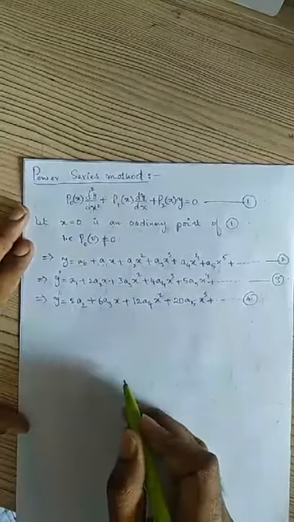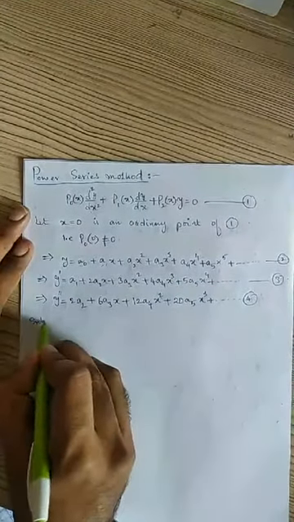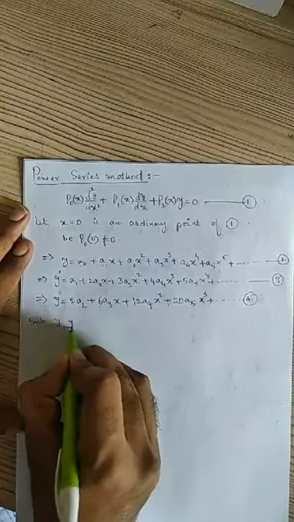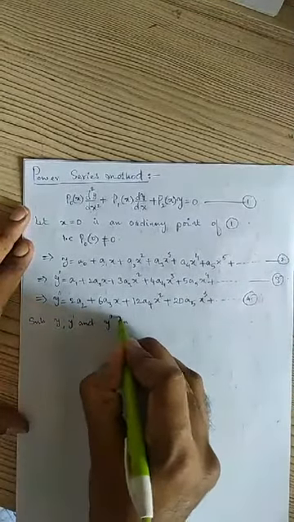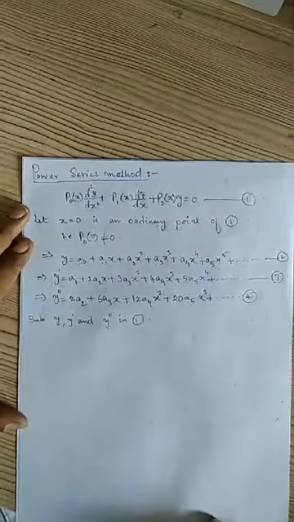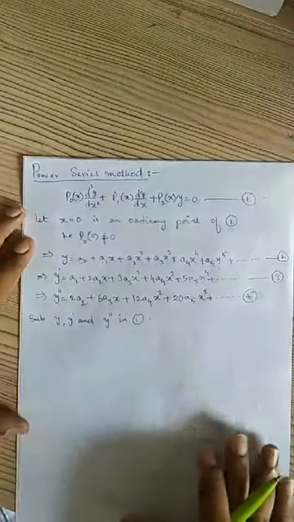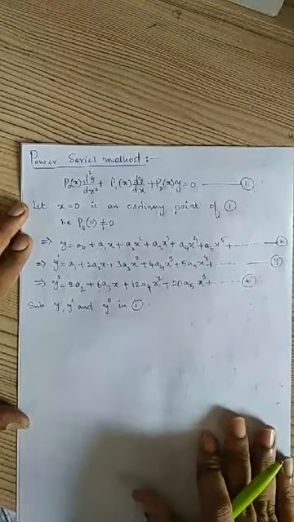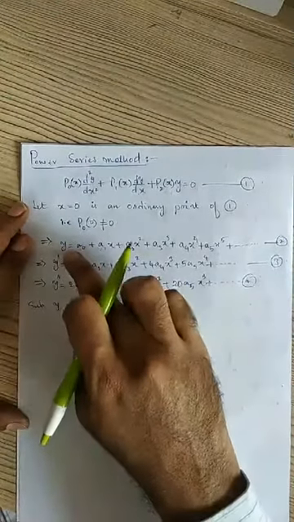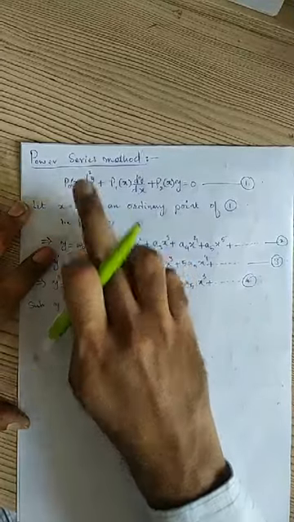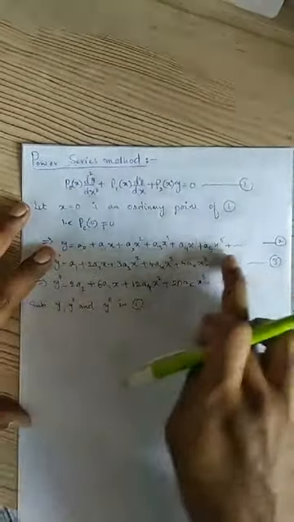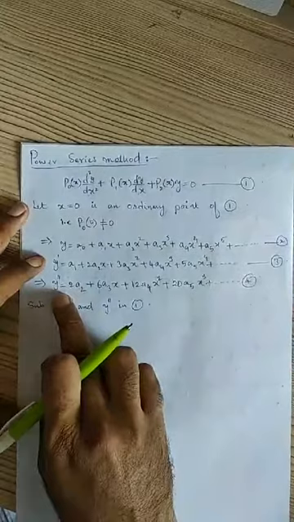Now what I am going to do is substitute y, y dash and y double dash in 1. In the solutions we will see how we are going to do this. First we'll get y, because x equals 0 is an ordinary point, y can be written in this series form. Then we will find y dash, then y double dash, right?